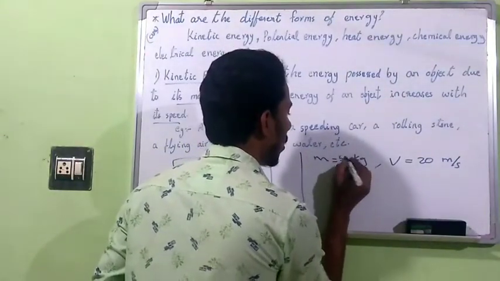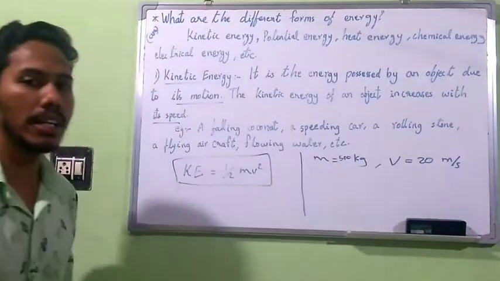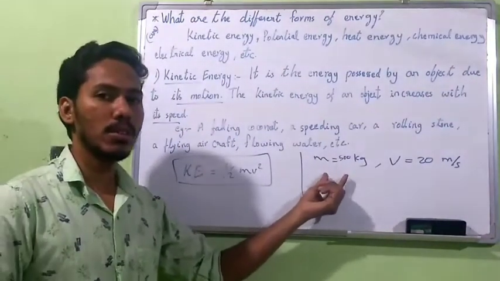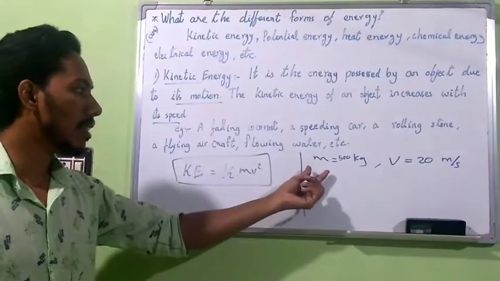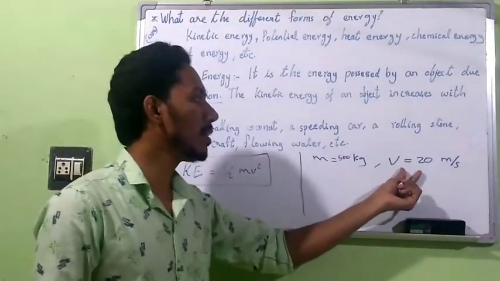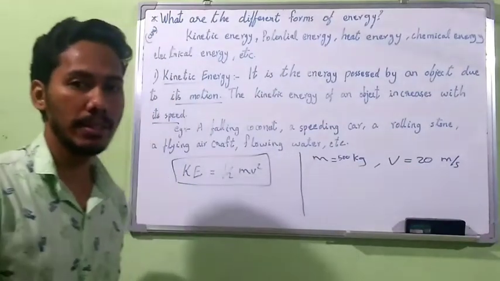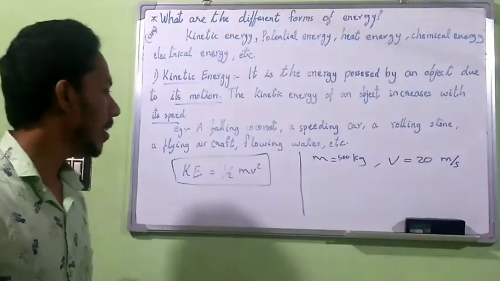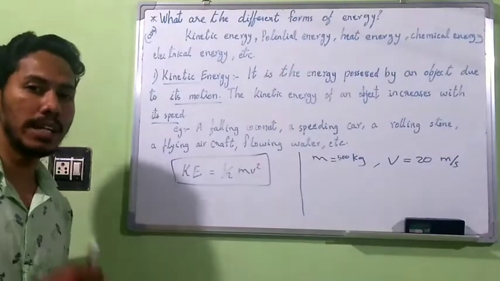If it is a car, then it may be 500 kilogram. So there is a car having a mass of 500 kilogram, moving with a velocity of 20 meter per second on a road. Then find the kinetic energy of that car.